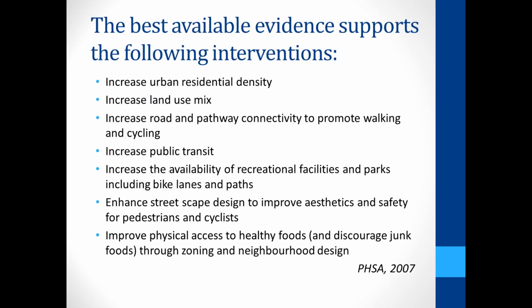So the best available evidence supports the following interventions. Increasing residential density, increasing land use mix, increasing road and pathway connectivity to promote walking and cycling, increasing public transit, increasing the availability of recreational facilities and parks, including bike lanes and paths, enhancing the streetscape design to improve aesthetics and safety for pedestrians and cyclists, and improving physical access to healthy foods and discouraging junk foods through zoning and neighborhood design.